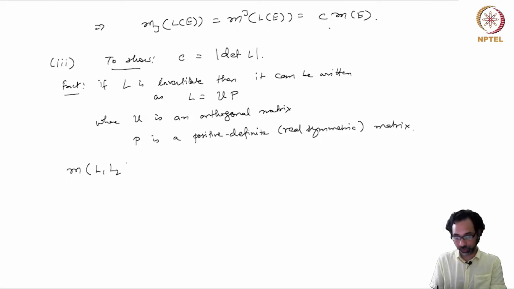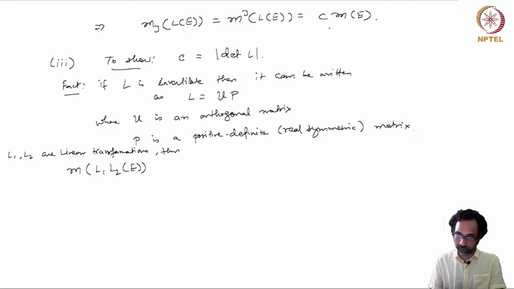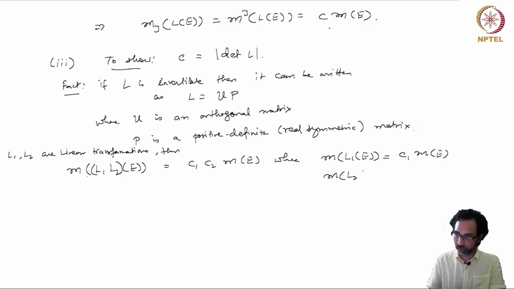L1 L2 of E, so if L1 and L2 are linear transformations, then M of L1 L2 E, so the multiplication of L1 L2, matrix multiplication, this is C1 C2 M of E, where M of L1 E equals C1 ME and M of L2 E equals C2 ME.